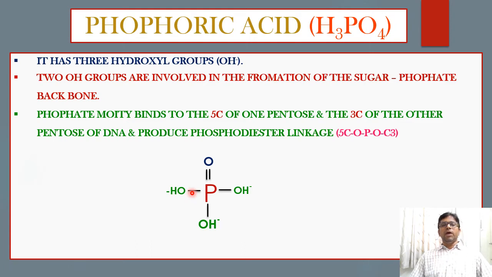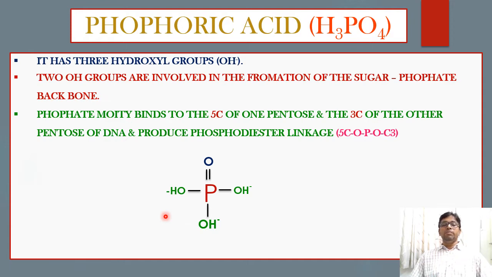Phosphoric acid has 3 OH groups: 1, 2, and 3.